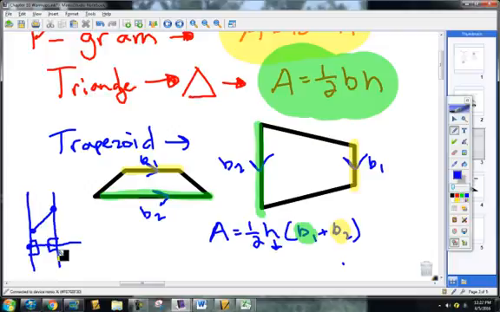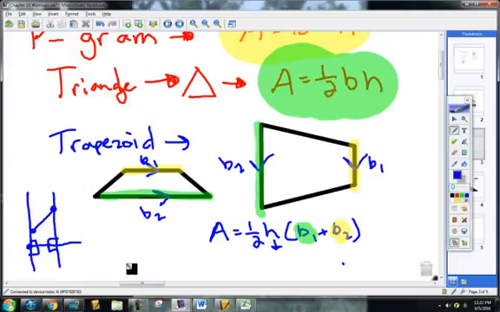I'll say that again. The height of a trapezoid is the distance between the parallel sides. So the 2 parallel sides are your base 1 and base 2. The distance between them, how far apart they are, or will be forever, is your height. Everybody understand that?